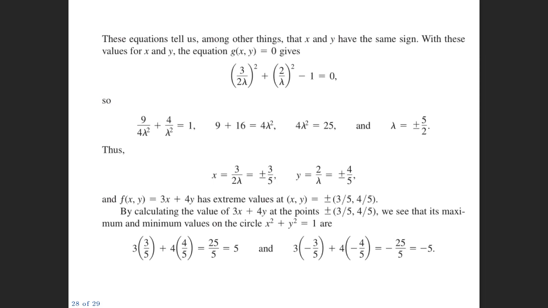And I'm skipping the details. Once we've done that, we can find that lambda is plus 5 over 2 or minus 5 over 2. As soon as we know lambda, we know x and y, and then we're almost finished. A little bit of calculation and we can finish this question.